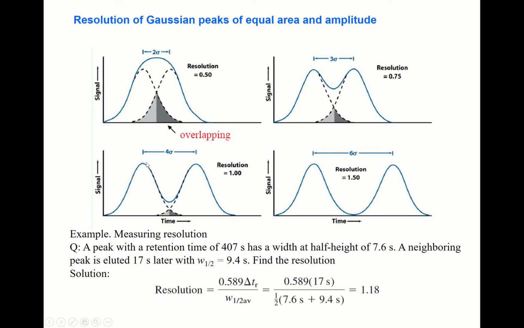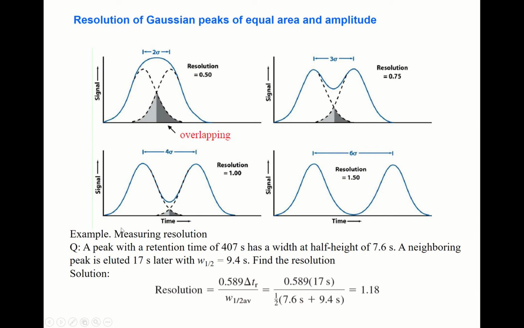When the peak separation is 4 sigma, the resolution is 1, but this part is still overlapped. This is no good. But when the resolution is 1.5 and the peak separation is 6 sigma, this is good resolution. These peaks are well separated.